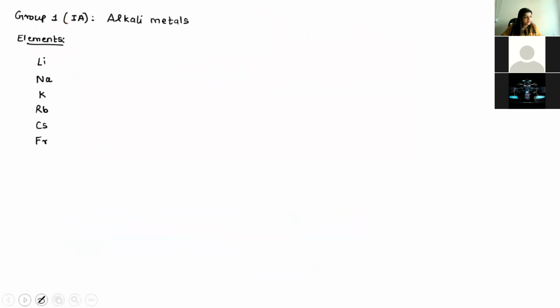Let us continue with group 1A. Group 1A elements are called alkali metals: lithium, sodium, potassium, rubidium, cesium, and francium. Now, what is the valence electron present in group 1? Valence electron means outermost electron.